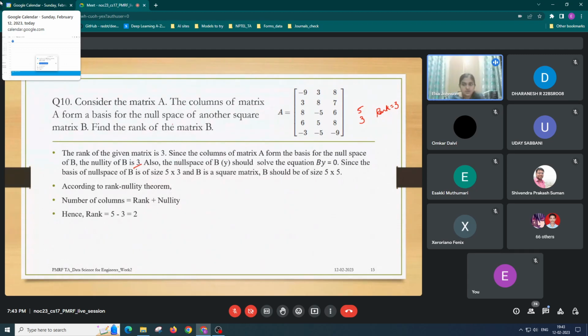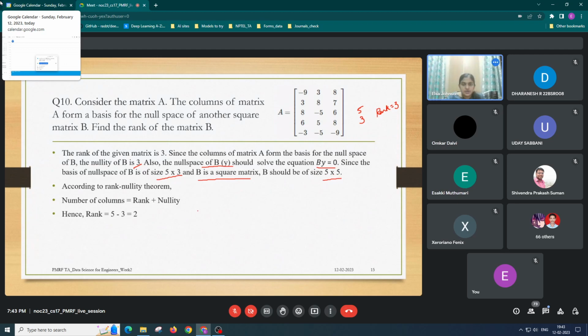The null space of B consists of the vectors y that solve the equation By equals 0. The basis is formed from the matrix A, so it is 5 cross 3, and B is a square matrix, so its size should be 5 cross 5.